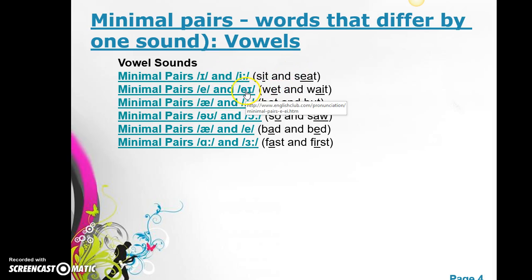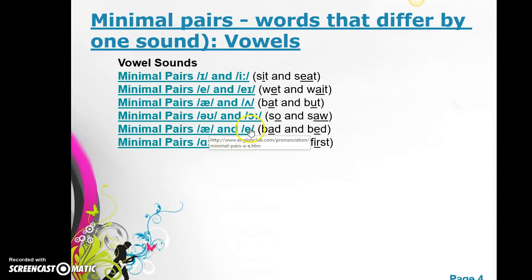wet, and then we have a as in wait. So wet, wait. We can take bat as opposed to but. O as in so as opposed to or. So and saw.